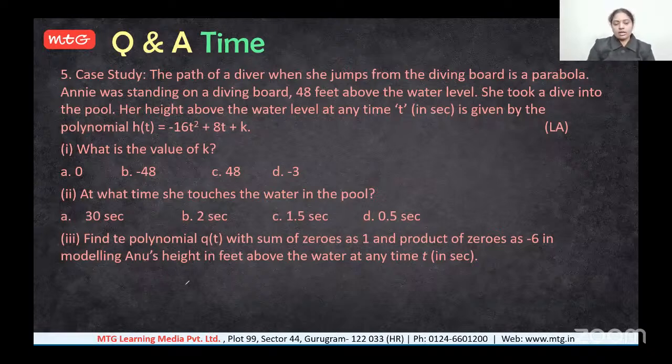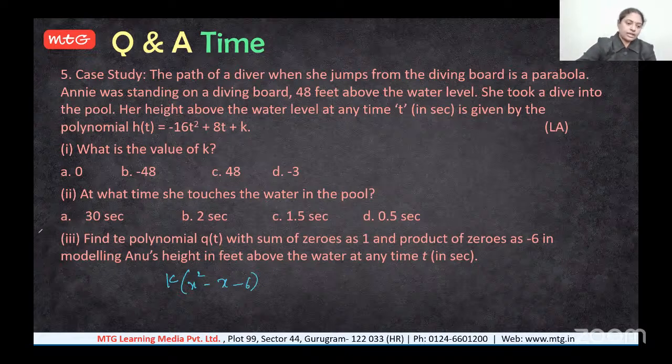So here we will get the polynomial as k times, sum of zeros is 1, so x square minus x, and product of zeros is minus 6. Sorry, I'm supposed to write in terms of t. I forgot to write t. What will it be? k times t square minus t minus 6.